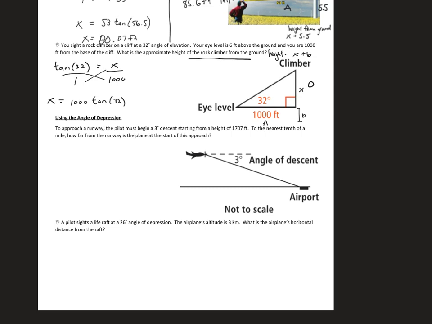On the calculator, when you type that in, you get 624.87 feet. So then when I add the 6, I get it is roughly 630.9 feet.